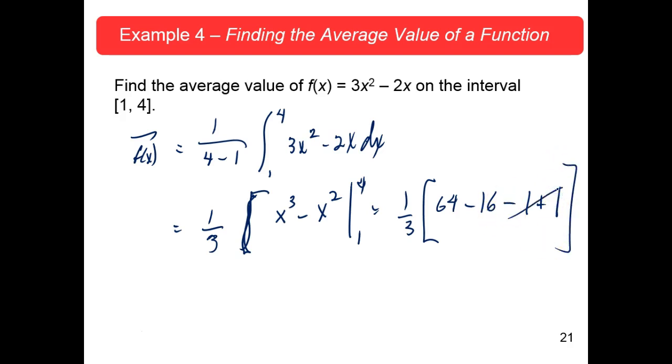All right, these two I'll deal with. And this will give you 1/3 of 48, and I think that's right around 16, isn't it?